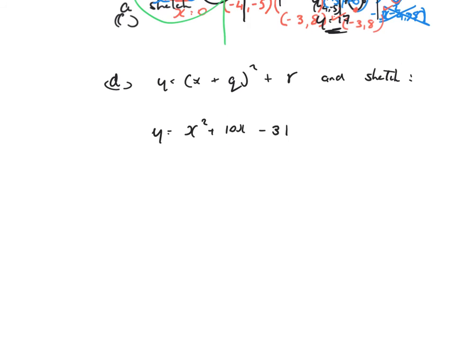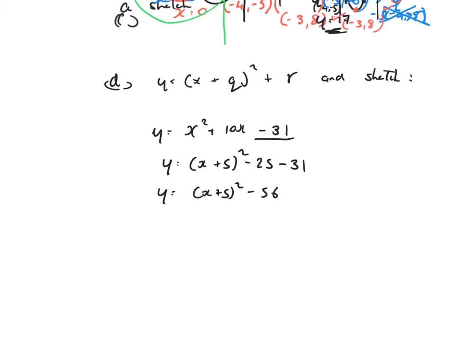Okay, so half the 10 down to a 5, create a squared bracket, x plus 5 all squared. 5 squared is 25, get rid of it, and I still need to include the minus 31. Okay, take your time. So we'll get minus 25 minus 31 will be minus 56.